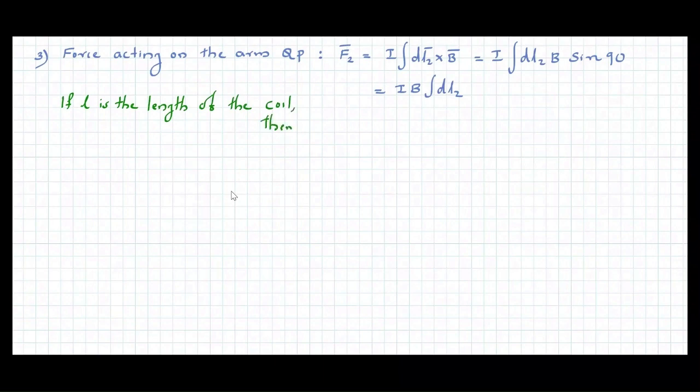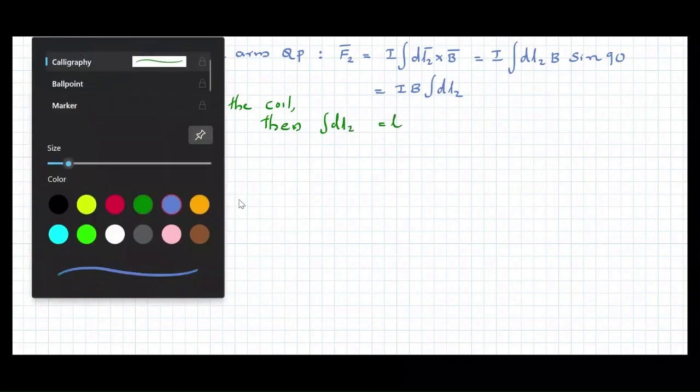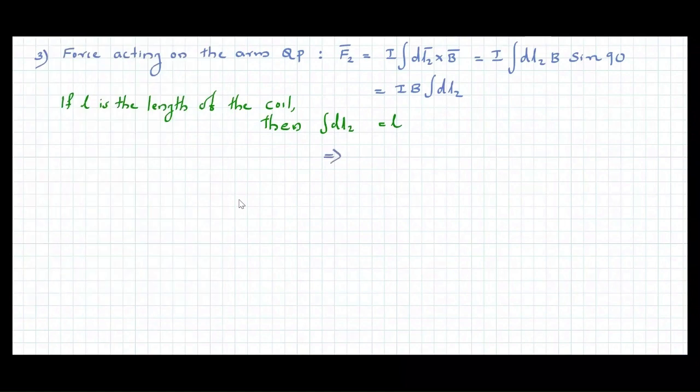Let L be the length of the coil. From the figure, integral dl2 is nothing but QP, and QP is the length of the coil. Integral dl2 equals L. Therefore, the force acting on the arm QP, F2, is equal to IBL. This is the magnitude of the force acting on the arm QP.